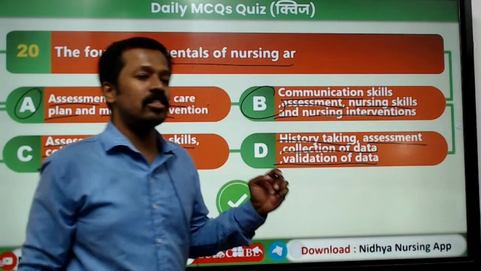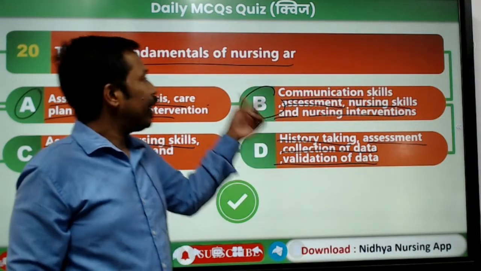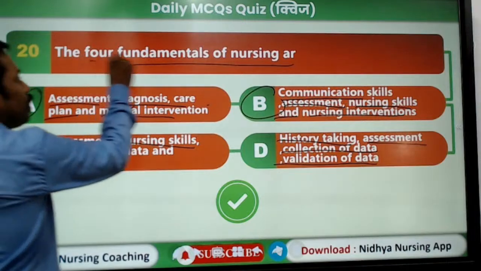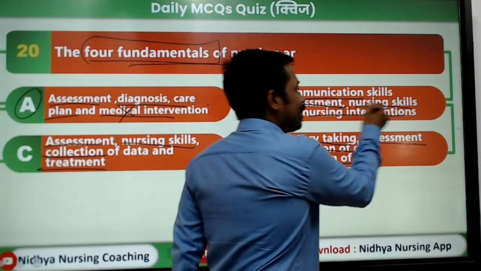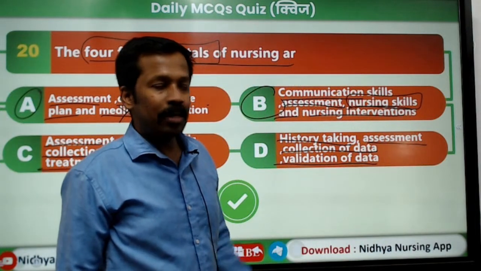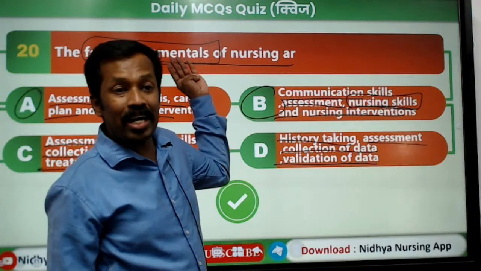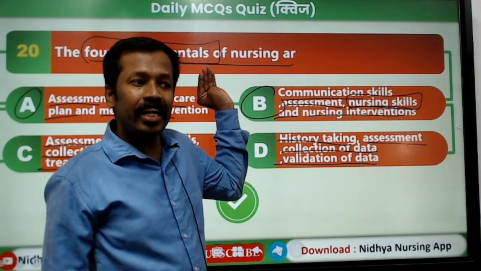Communication skills, assessment, nursing skills, nursing intervention. In the four fundamentals of nursing, is a nursing skill needed?